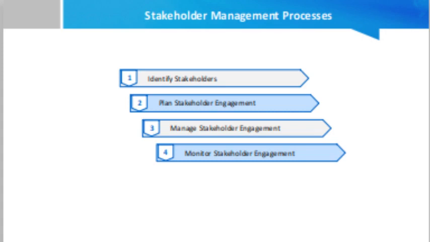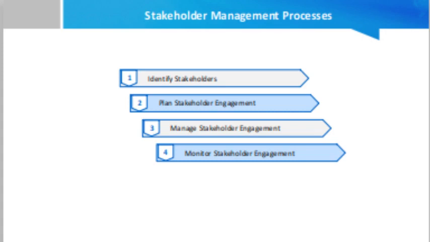Because when you involve the stakeholders, they will be sitting in the meeting room with you and giving you input on how, why, and which type of implementation they want for a project. So it's important to plan stakeholder engagement.